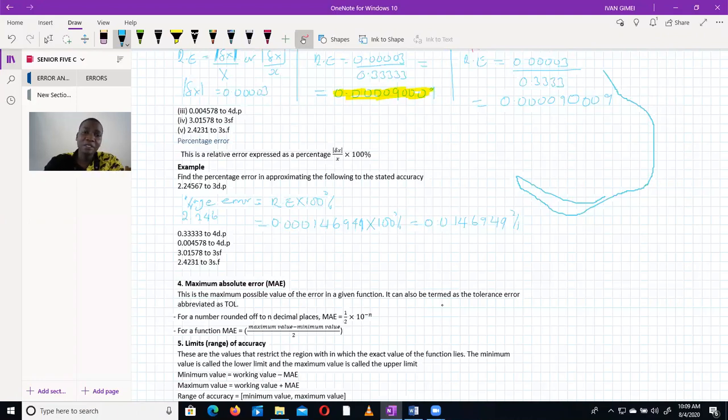But in exams, it may not be the case. They may give you percentage error and ask you to find absolute error. They may give you relative error, and they can give you anything and ask for anything. So you must know those transitions. How do you get what from what? How do I get absolute error from percentage error? How do I get relative error from absolute error?